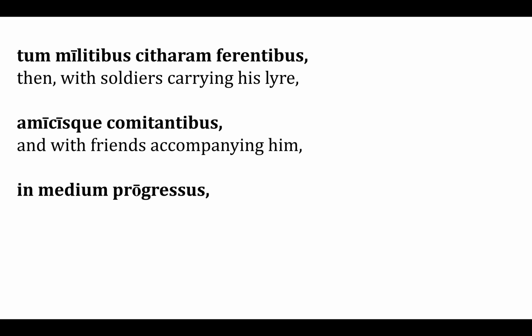Okay, in medium means into the middle. Progressus is a perfect participle, right? If you look it up, you'll see that it comes from progredior, and you notice from the or at the end that progredior is deponent, so its perfect participle has an active meaning. So having proceeded or advanced in medium, into the middle.